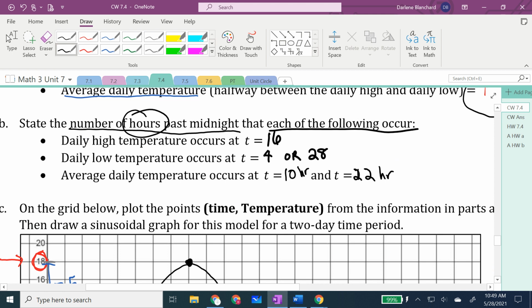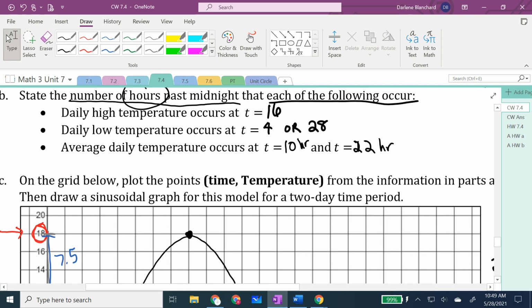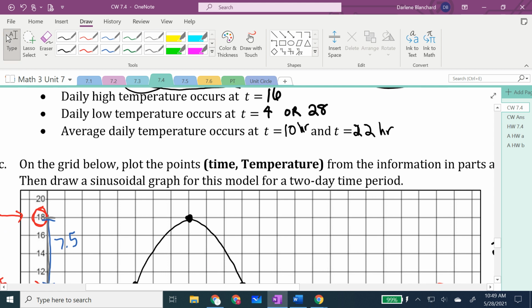When you look at the homework assignment, I'm going to ask you for 2 different times when it's at its low temperature and 2 different times when it's at its high temperature. And so I just showed you how to find 2 of those.